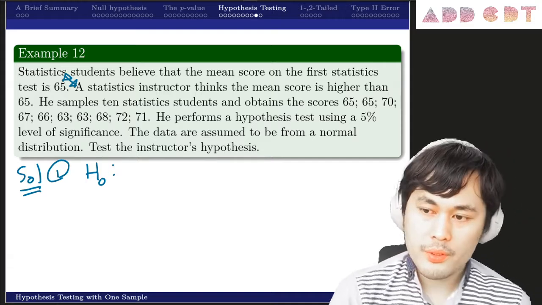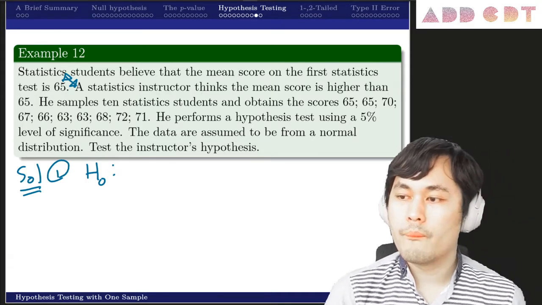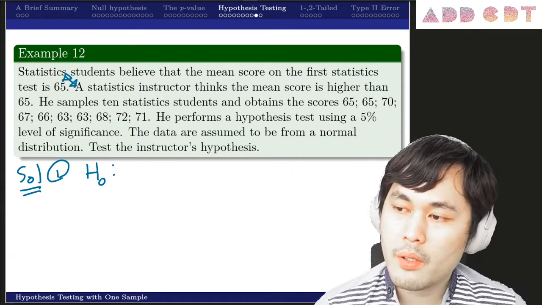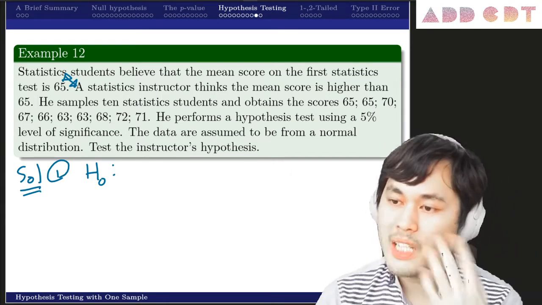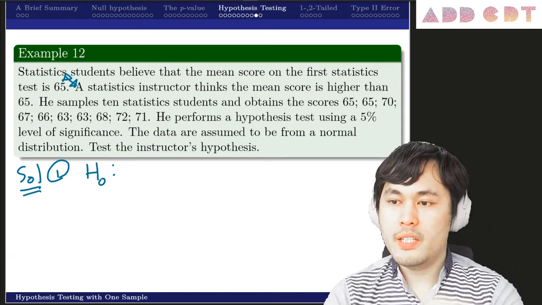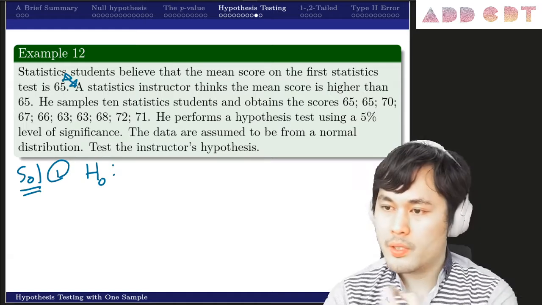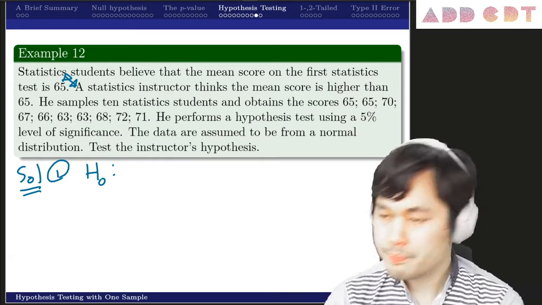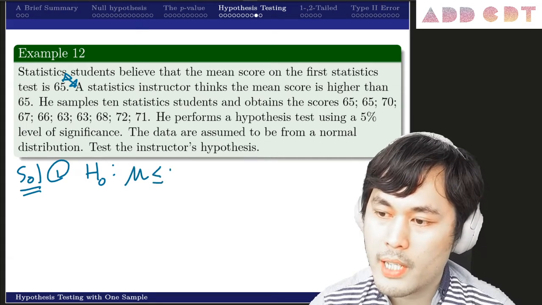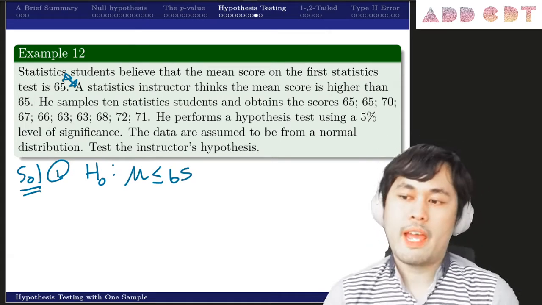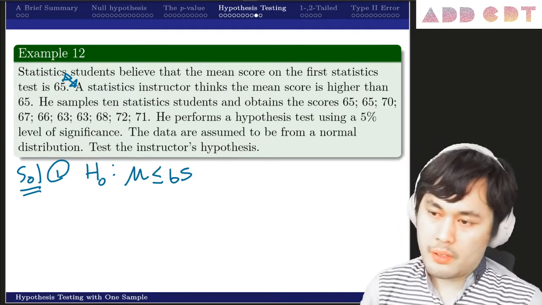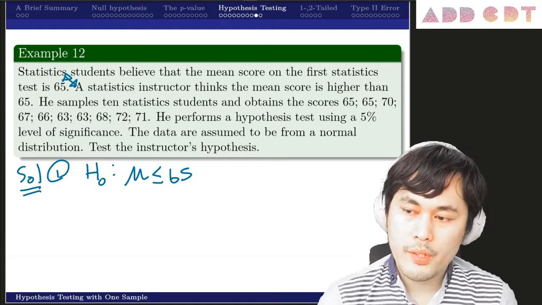And which one do you think is more likely to happen? Maybe you think that, okay, since you believe you are right, then you are trying to reject the other hypothesis. You are trying to reject the students' belief. So what we do here is we set up the null hypothesis to be mu less than or equal to 65, because this is something that we are trying to reject.